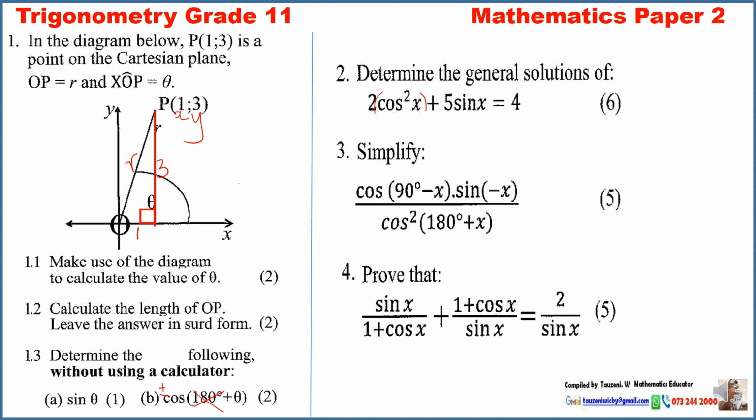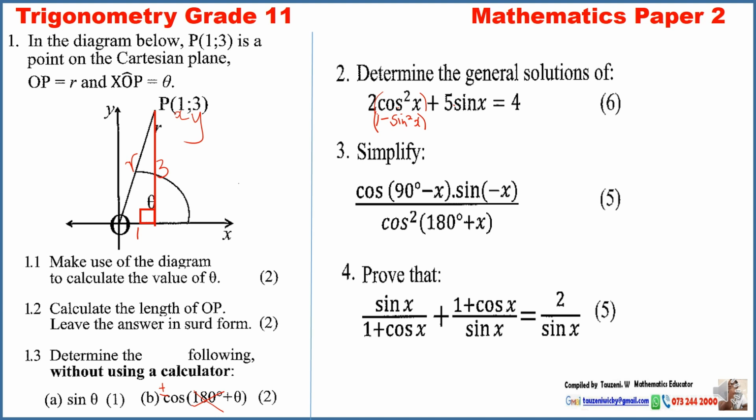We said if there is a cos x and sin x put together in the same equation, remove the squared one and replace it with an equivalent expression that comes from cos squared x plus sin squared x is equal to 1. Then after substituting, simplify to standard form, use the quadratic formula or factorize to solve it.